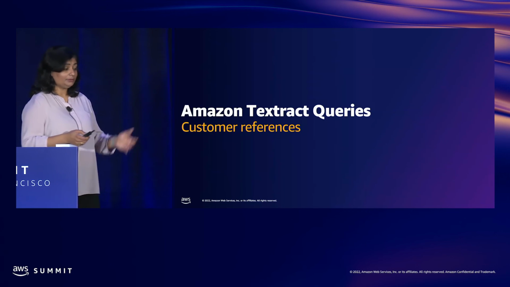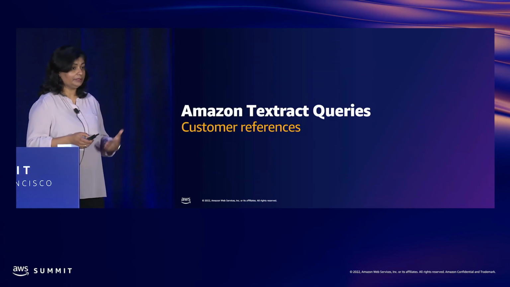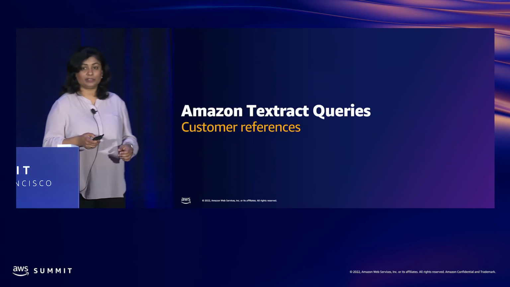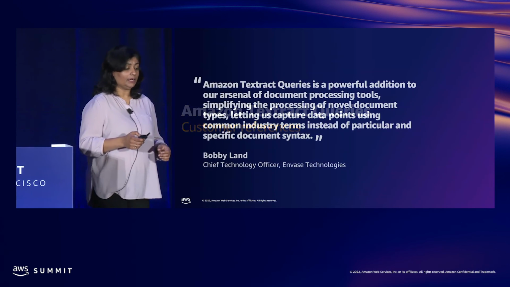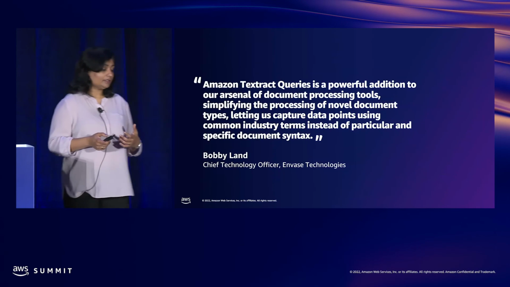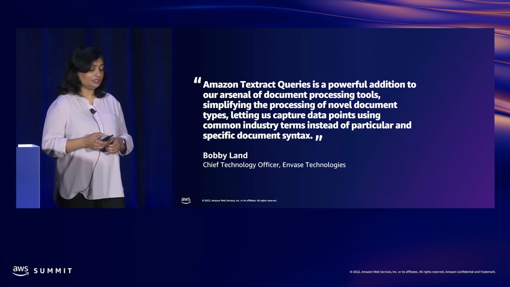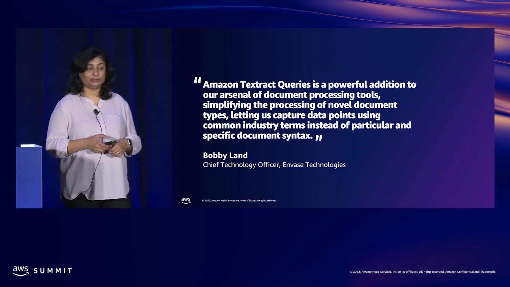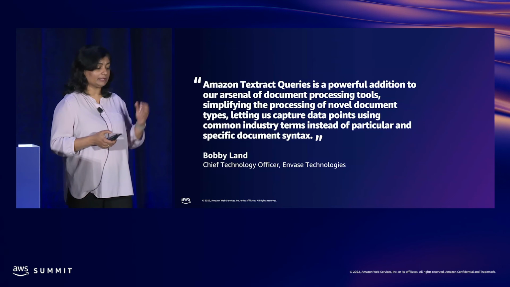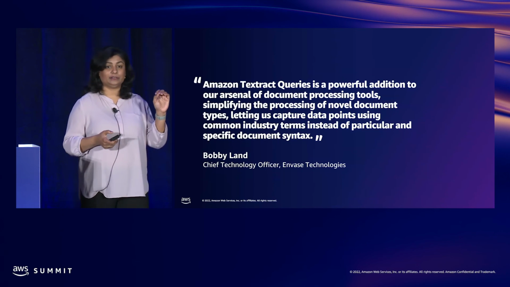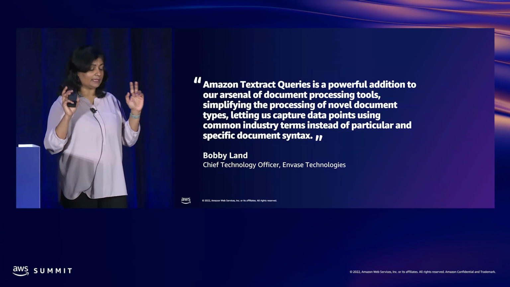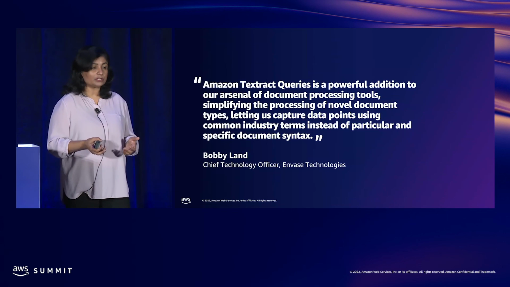But in the interim, we had run a private beta where we gave early access to some of our customers, and they tried it out. We have a few customers, such as Bobby Land, the Chief Technology Officer from Envase Technology, who used it and really loved it because he liked the idea of not having to come up with specific names, like the synonym aspect of it. It worked out of the box for him, so he was a happy customer.